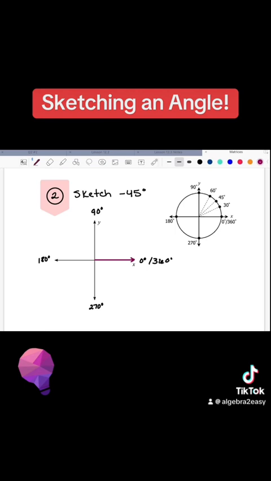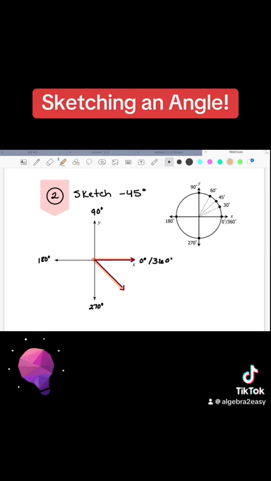It is always there on the positive side of the x-axis. Now, a negative angle tells us we need to move clockwise. So, this would be 90 degrees. We need to travel 45. That's going to be right in the middle of these two angles. Go ahead and highlight those so we can see them better.